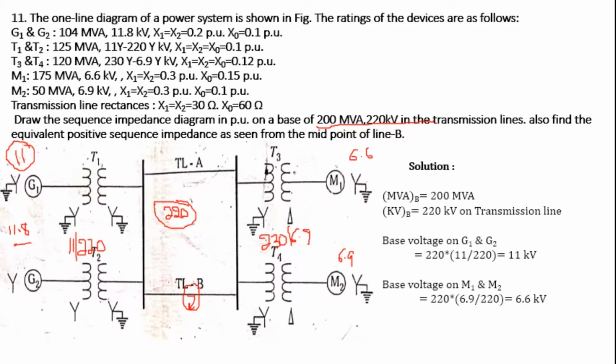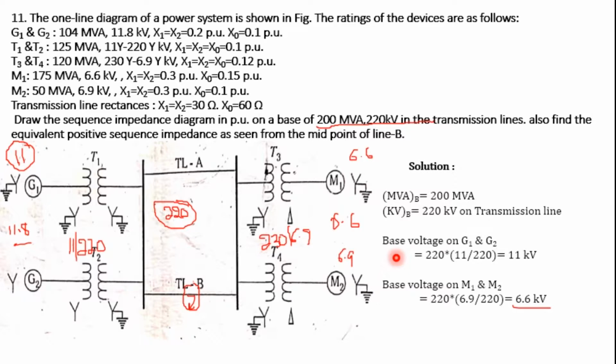Similarly for the motors M1 and M2, again 220 times the transformer rating, 6.9 divided by 230, gives 6.6 kV. Observe here that for motor M1 the old value is 6.6 and the new value becomes 6.9, whereas for motor M2 the old value is 6.9 and the new value is 6.6.